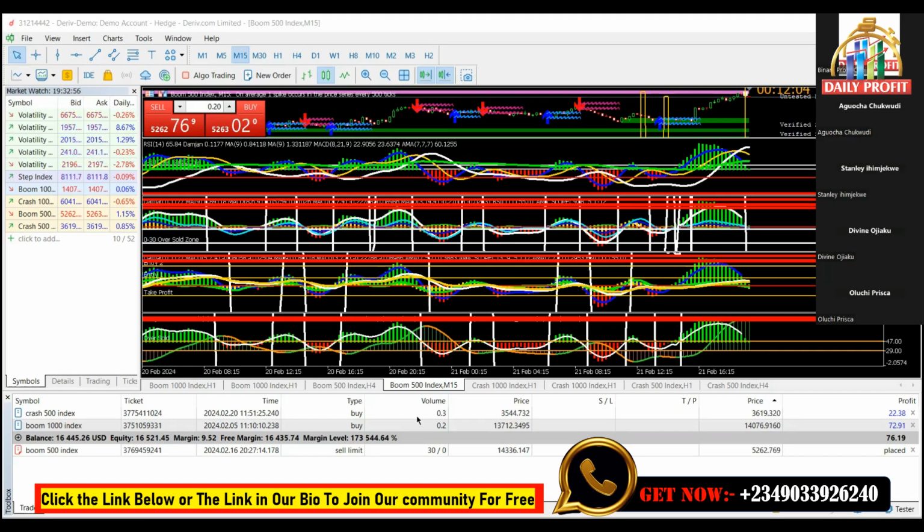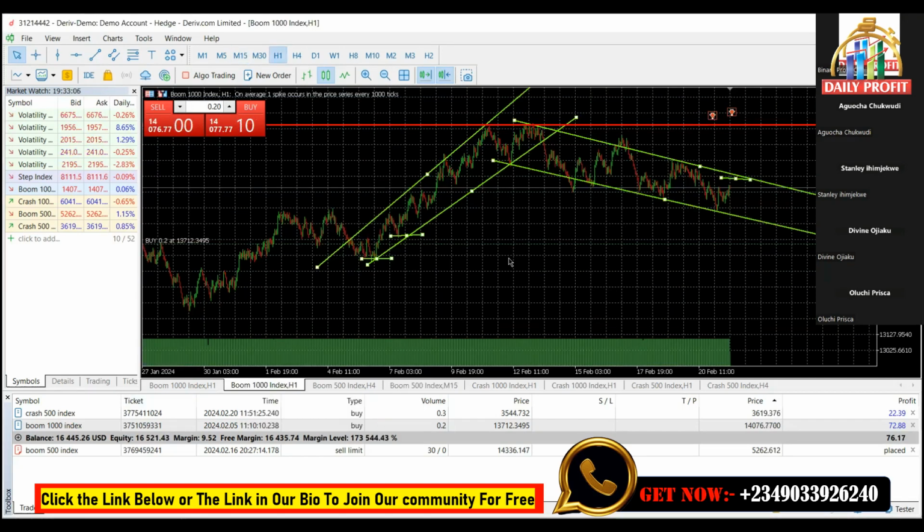Okay. Now, let me answer the question. What I'm trying to show us here is this: imagine you don't have an indicator to guide you. The indicator is also a tool that will guide you as well.